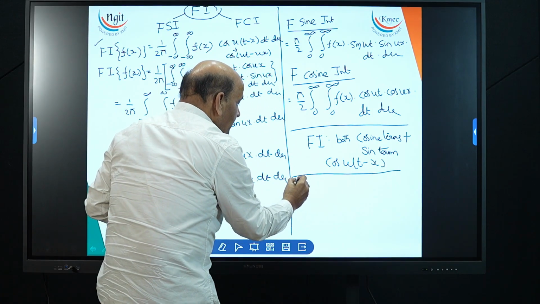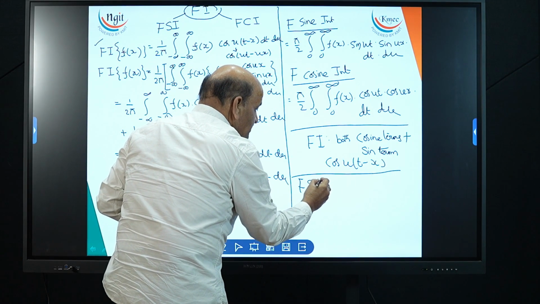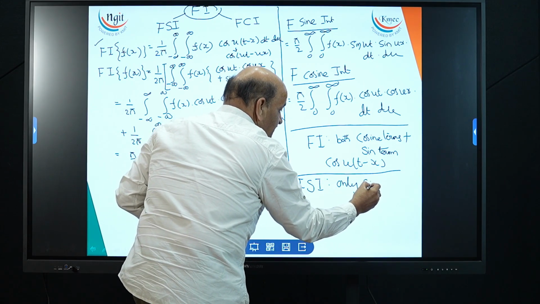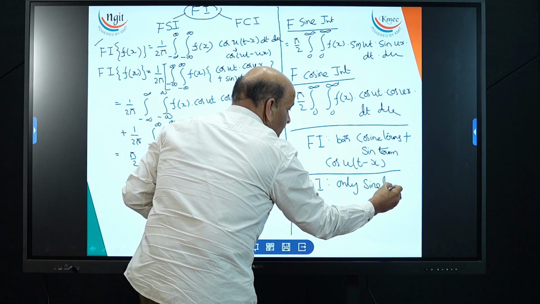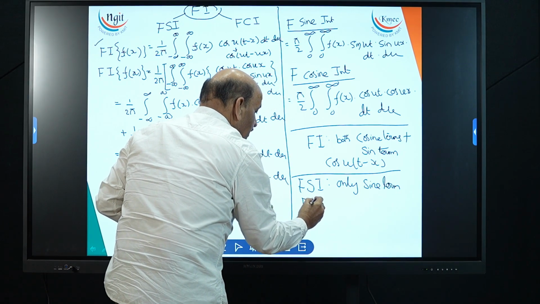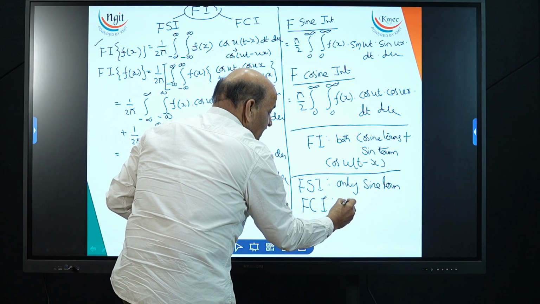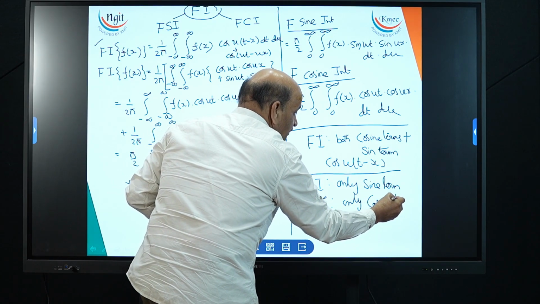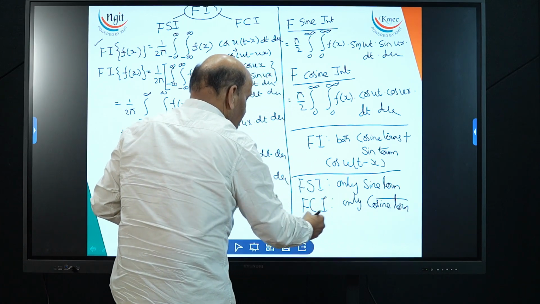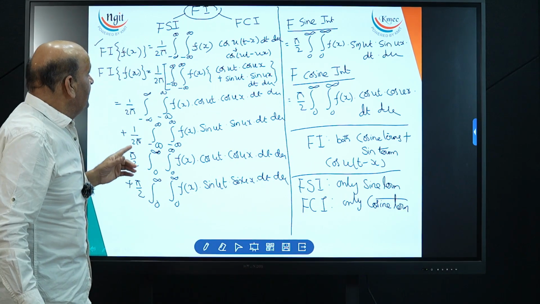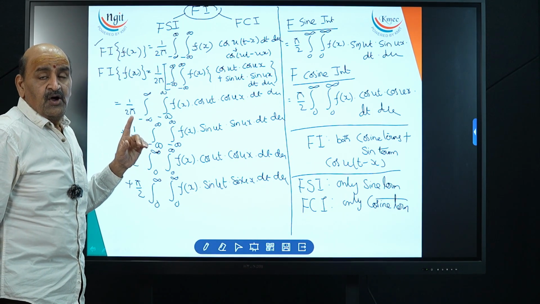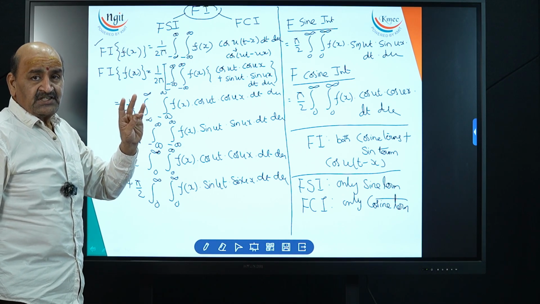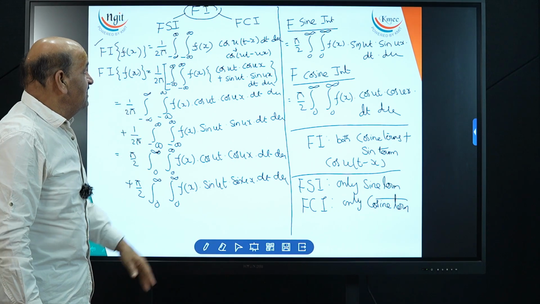But a Fourier sine integral contains only sine terms. A Fourier cosine integral contains only cosine terms. So this is the overall formula structure of Fourier integral, Fourier cosine integral and Fourier sine integral.